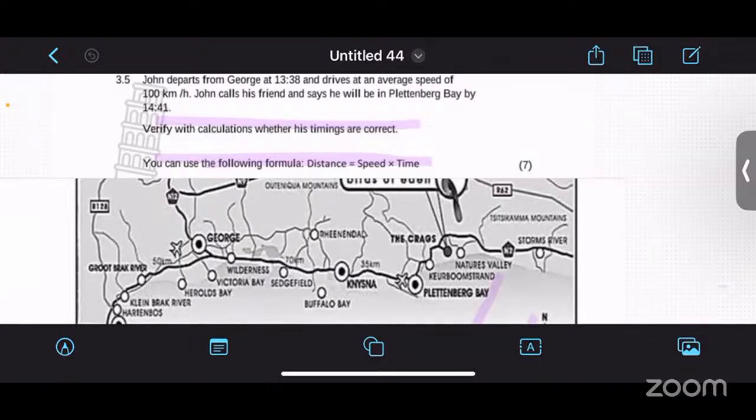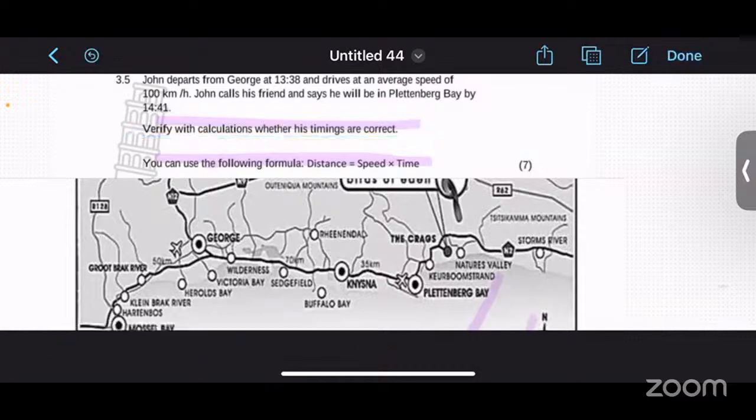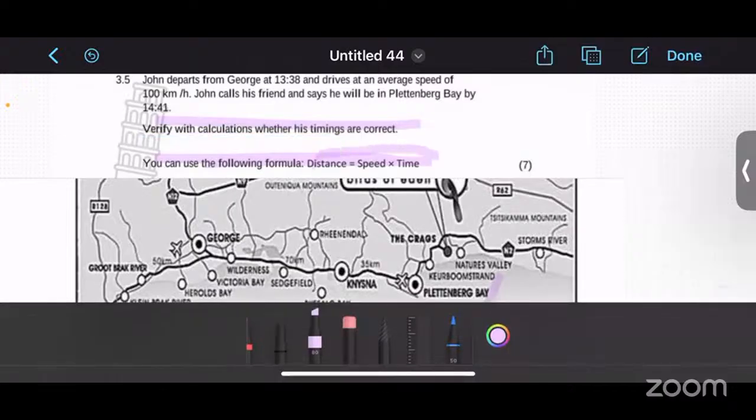Now if we calculate the time, remember we can use this formula to make time the subject: distance divided by speed is equal to time.